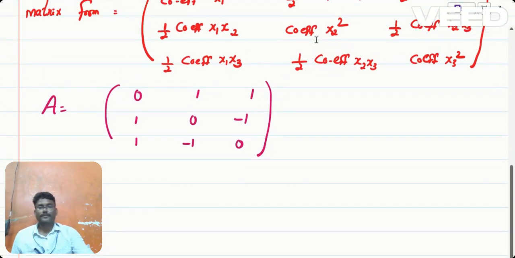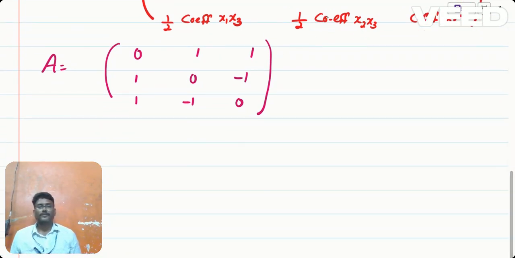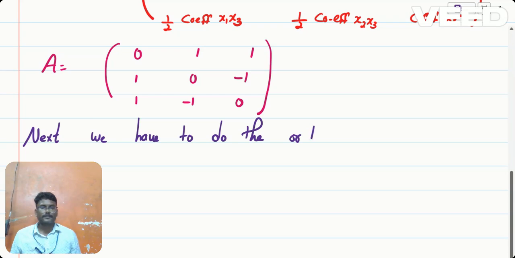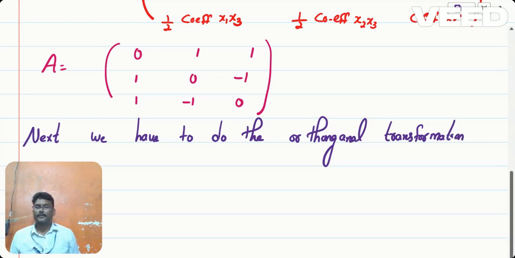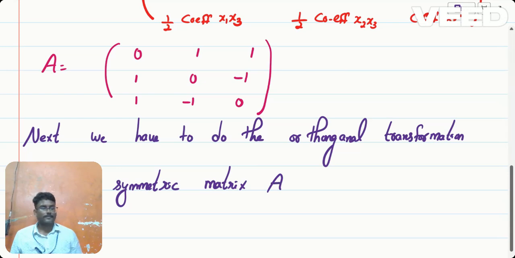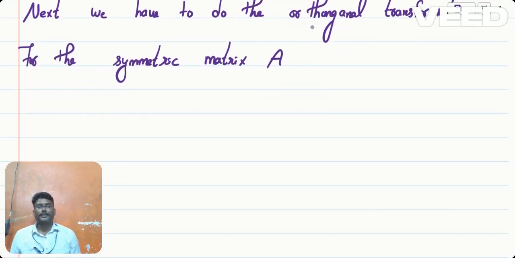Now next, we have to do the orthogonal transformation for the symmetric matrix A. First, we find the characteristic equation.